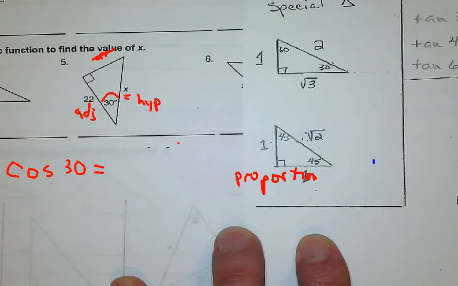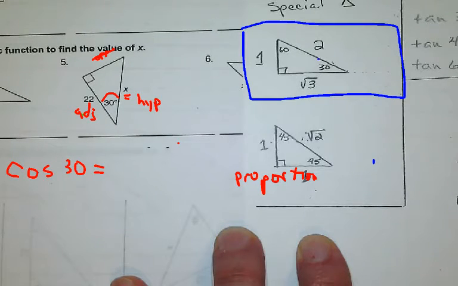So we're looking at this problem right here. The cosine of 30 is the adjacent side, that's this one, divided by the hypotenuse, that's this one. Right? So the cosine of 30 is the square root of 3 divided by 2.